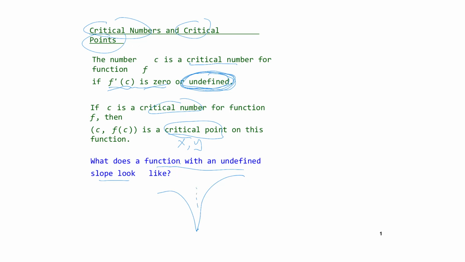Over here we have a vertical tangent, or sometimes we might have an inflection point, but here the slope is vertical. The rise is going to be some number, but the run is going to be 0, and therefore it is undefined. That's one example where a slope is undefined, and in future lessons, I'm going to show you other features of a graph where the slope is considered undefined.